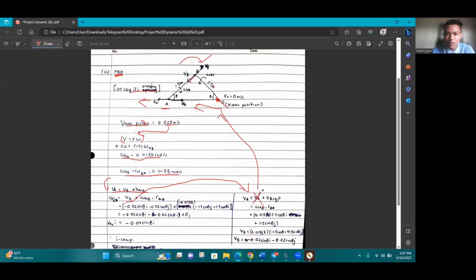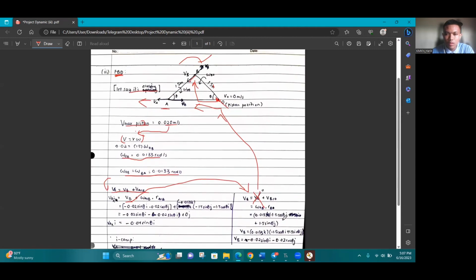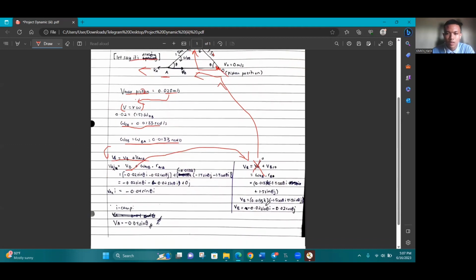And for VBO we can find the velocity by using R omega, and the RBO, which is the direction from O to B, negative I positive J. So from that we conclude negative 1.5 cos theta I plus 1.5 sin theta J. And after we got the final equation of VB, we insert it back into this equation.